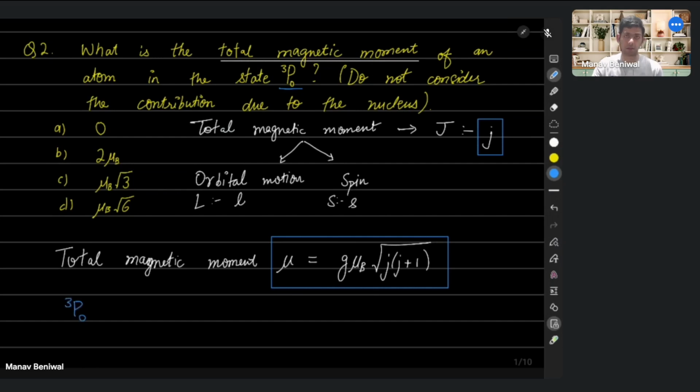Now what this means is, upon comparing with the general notation, and the general notation is 2S+1 L J, right?